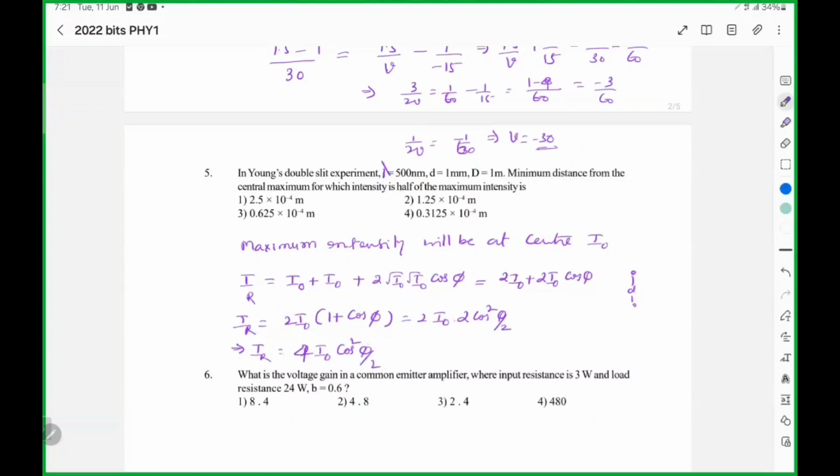Here phi is the phase difference. So that phase difference is equal to 2 pi by lambda into path difference.